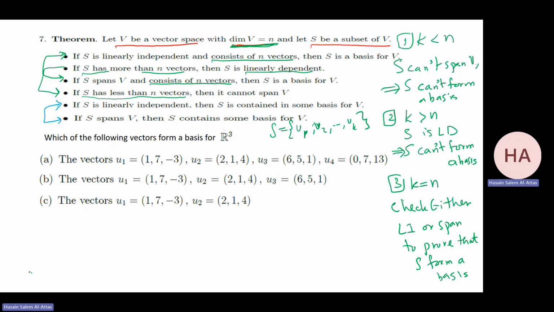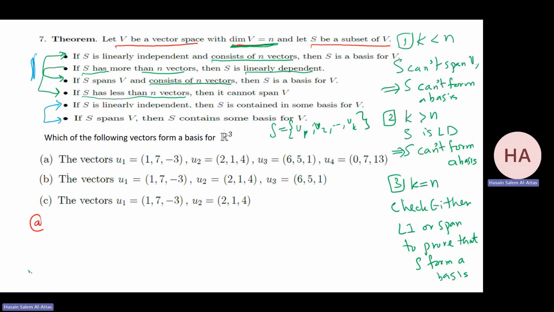The basis will contain the linearly independent subset, because we said the basis is the maximal linearly independent subset. And if S spans V, then S contains the basis. So the basis is in the middle between the linearly independent group and the spanning group. Now, let me do this one, concerning these cases.